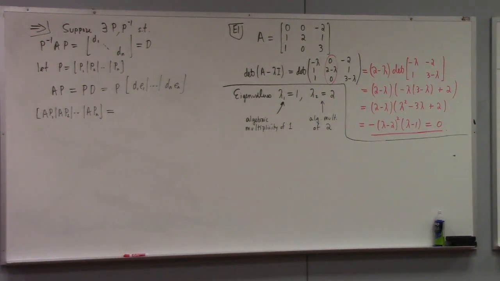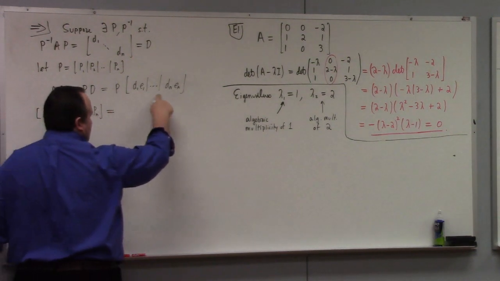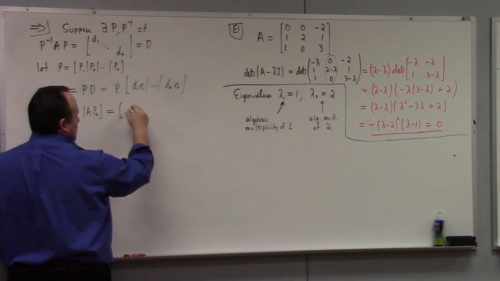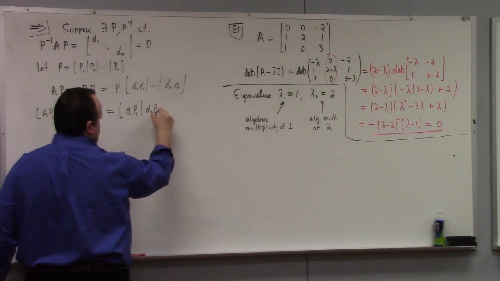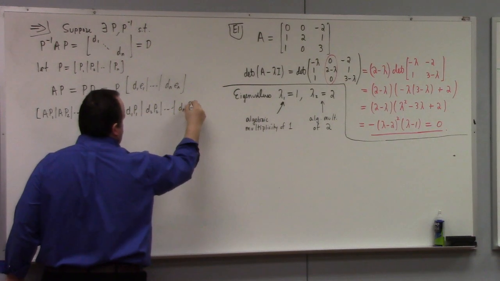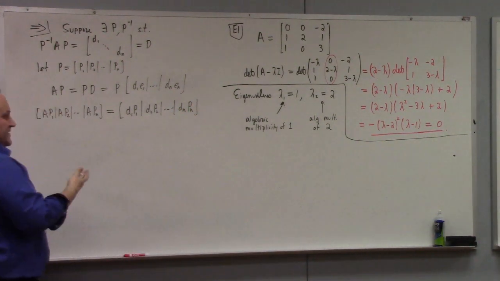What happens when you multiply a matrix by e1? You get column 1. What happens when you multiply a matrix by e2? You get column 2. Right? Think about this. So when I multiply this through, I get d1 P1, d2 P2, and so forth. Does that make sense?